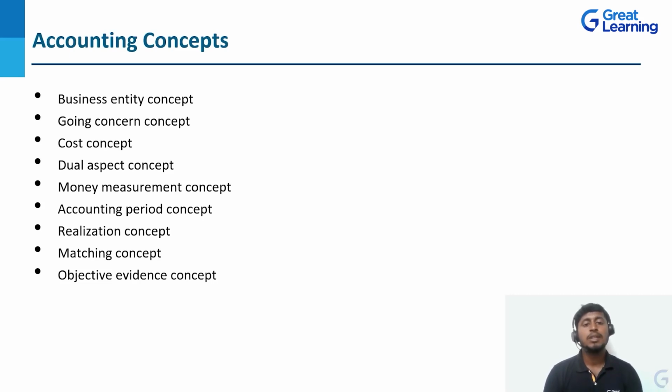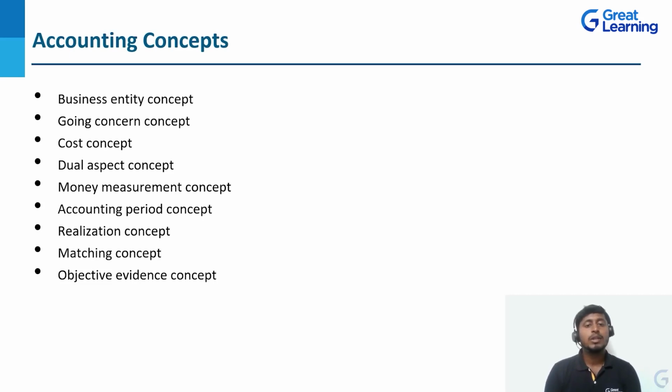Okay, so as per the business entity concept, the business is separate, the entity, that is the proprietor personal, is different. So these are the two different entities, so we cannot merge. We need to maintain separate accounts for business and separate accounts for proprietor.